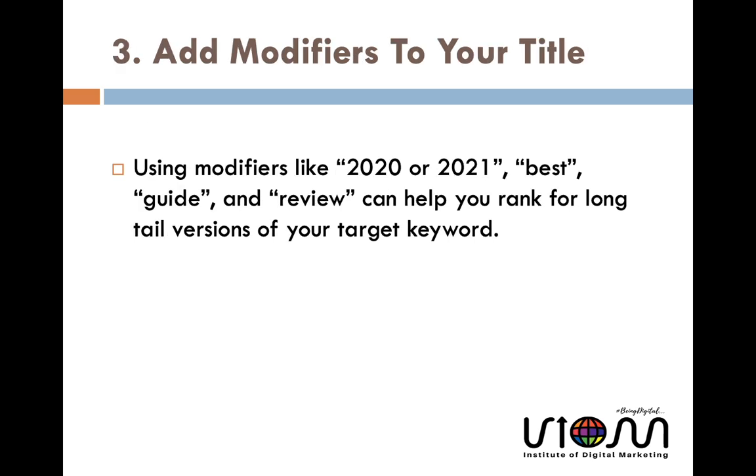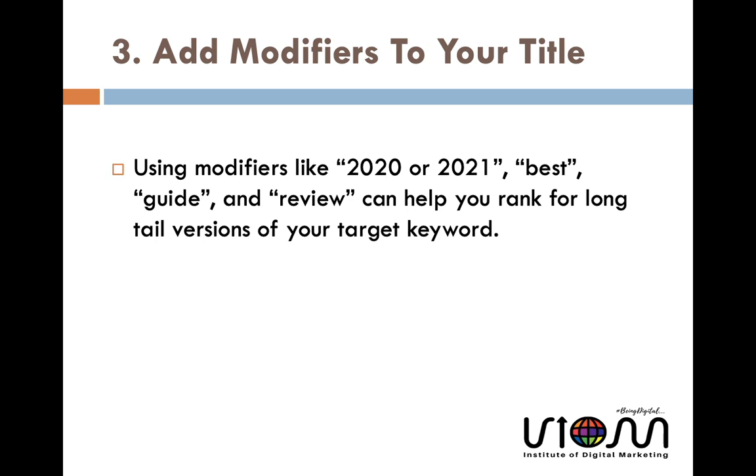Add modifiers to your title, using modifiers like 2022, 21, or now 25, 26. Best, guide, review can help you rank for a long tail version of your targeted keyword. So what does it mean?